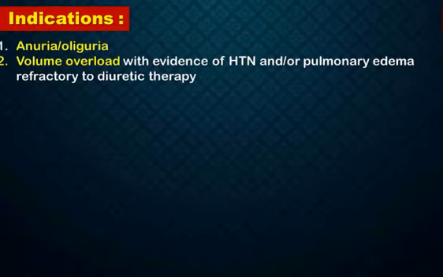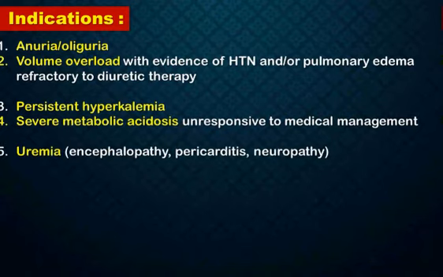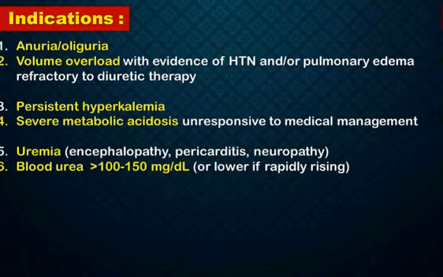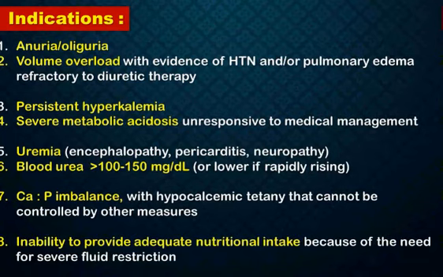So either anuria or oliguria with overload that is refractory to diuretic therapy; persistent hyperkalemia, which means you try to correct it but there is no response; severe metabolic acidosis unresponsive to medical treatment; uremia, with signs of uremia, blood urea more than 100 to 150 or rapidly rising; a calcium phosphorus imbalance with failure of the other measures; and inability to provide adequate nutritional intake. All these mean failure of medical management, and going to dialysis becomes indicated.